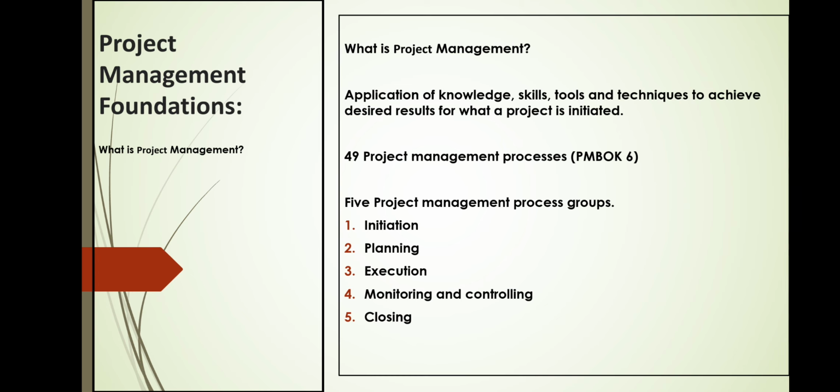So accordingly we plan a project, and we execute a project, monitor and control a project, and close a project. So in all the projects, from whichever application area that project is, we go through initiation, planning, execution, monitoring and controlling, and closing.